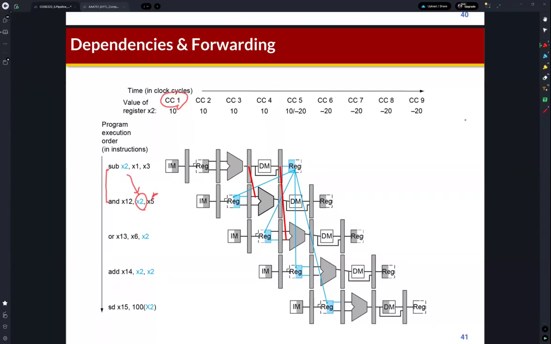X2 is generated by the ALU, so the data is generated at this time, and for this AND instruction, the next instruction, the data is required at this time, right?